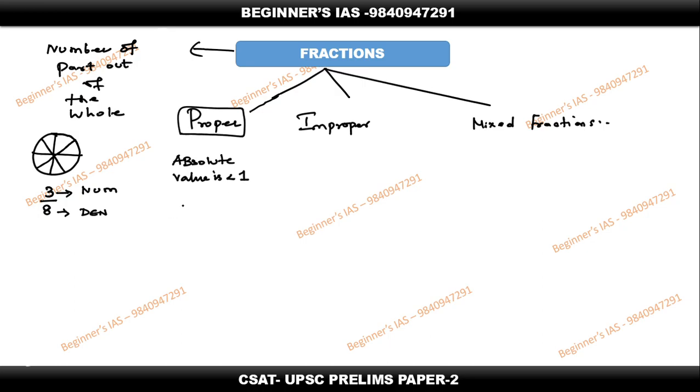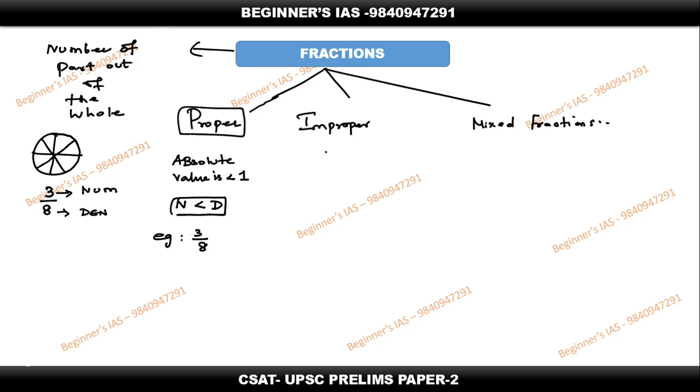And one more thing you need to understand: the numerator should be less than the denominator, then we call it a proper fraction. For example, we take 3 by 8 as a proper fraction since the numerator is less than the denominator.